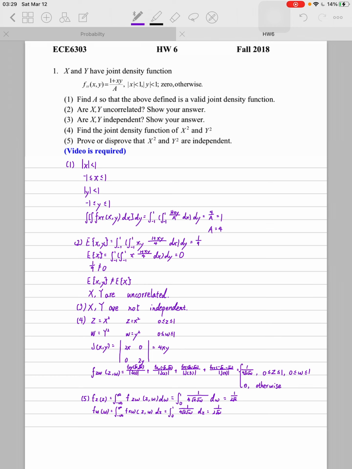For question 5, prove or disprove that X squared and Y squared are independent.